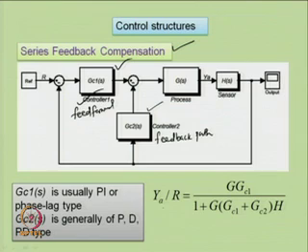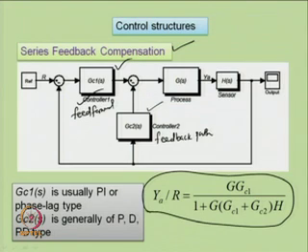The closed loop transfer function with respect to the reference input can be given by this expression: G GC1 S upon 1 plus G (GC1 plus GC2 combined) S. How is it different from the series or feedback compensation schemes? When we set GC2 equal to 0, we get a series compensation scheme. When GC1 is set to 0, then we get the feedback compensation scheme.